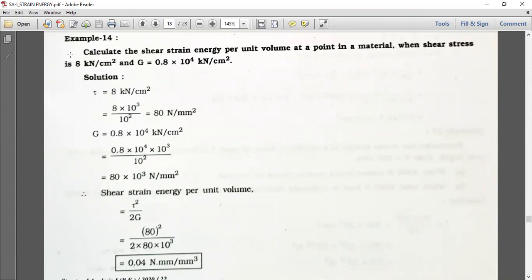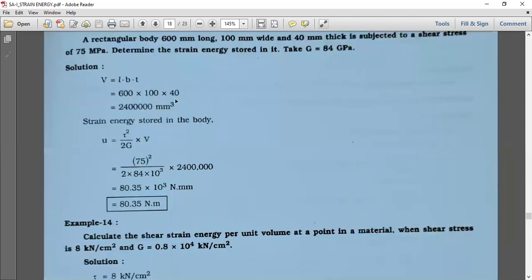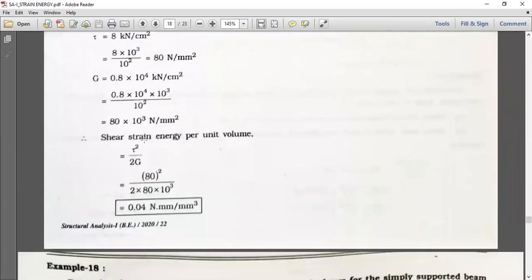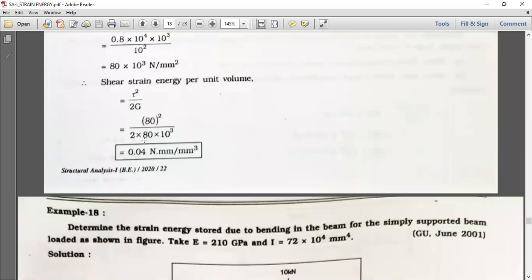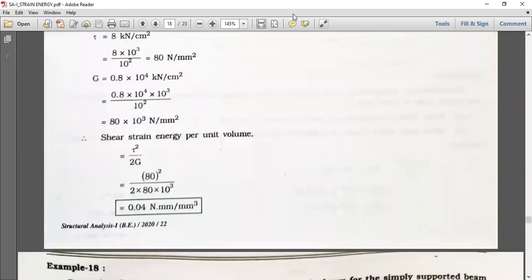Here the twist is only to convert kilonewton per centimeter square into Newton per mm square. We can get the values in GPa and we can get the answer. Okay, we are going to close our lecture and discuss further in the next lecture.